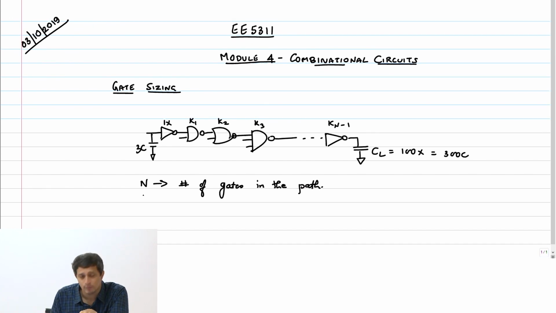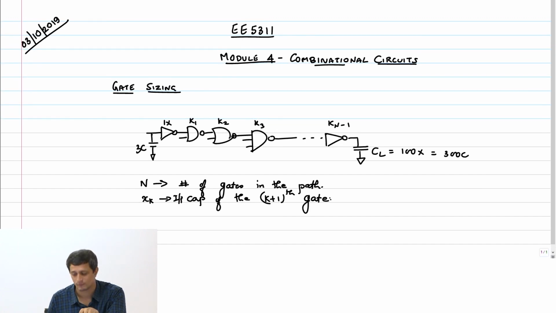So therefore, the variables that we are going to choose here are xk's, which is nothing but the input capacitance of the k plus 1th gate. So this I am saying is x1. x0 is this 3C, whatever that capacitance is.